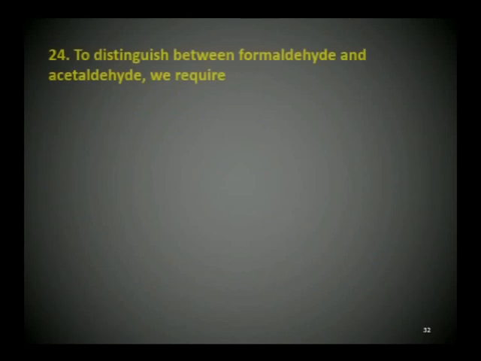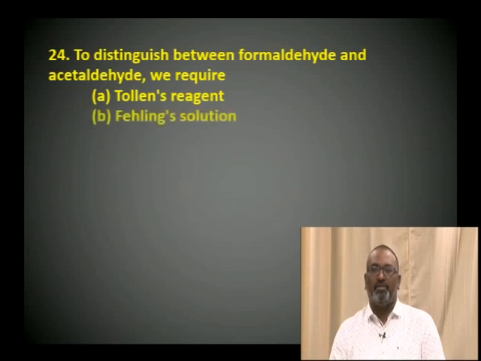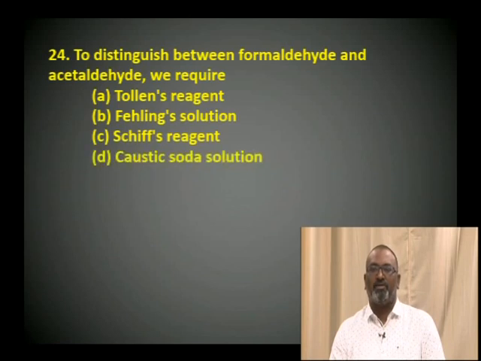Question number 24. To distinguish between formaldehyde and acetaldehyde, we require Tollens reagent, Fehling solution, Schiff's reagent, or caustic soda. As you know, Tollens reagent, Fehling solution, and Schiff's reagent are used in order to identify aldehydes, whereas we need to know about caustic soda solution.